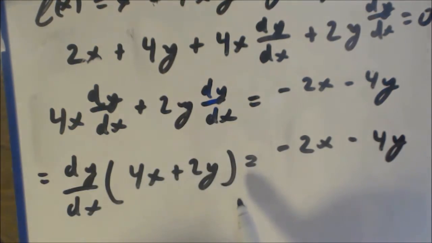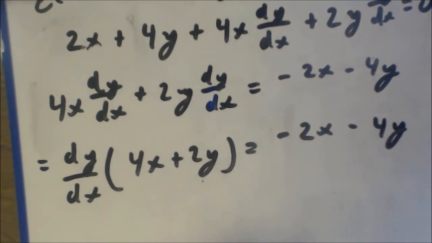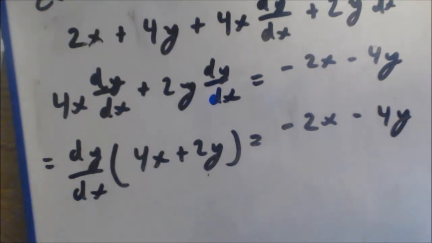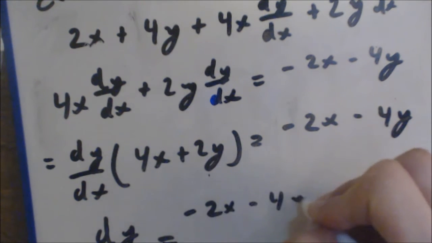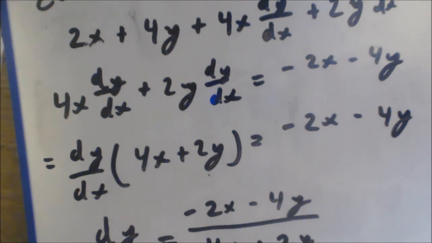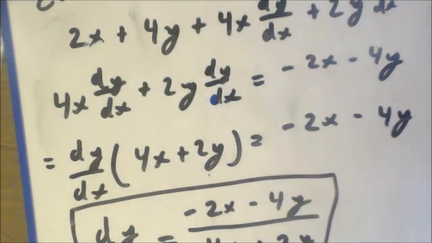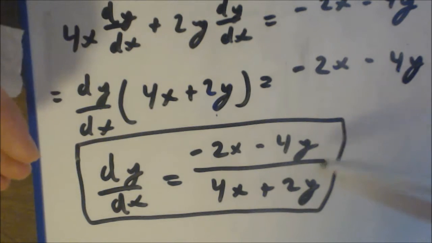Since this is multiplying this entire thing, you can divide it over. So this is going to give us the answer: dy dx is equal to negative 2x minus 4y all over 4x plus 2y. And this is the answer to our problem.